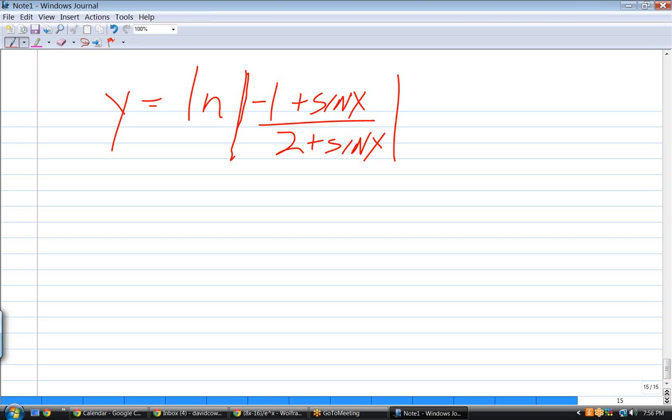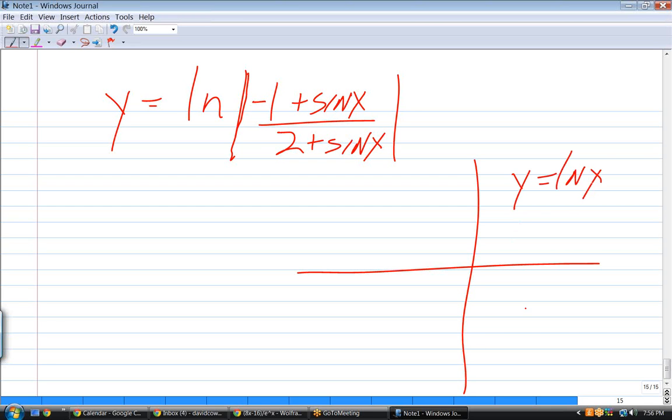Let's talk about the absolute value. If I graph y equal natural log of x, it looks like this. x has to be positive. Can't even be 0.